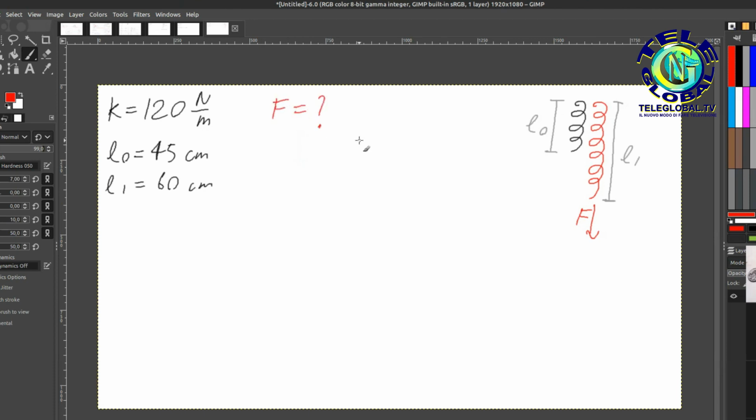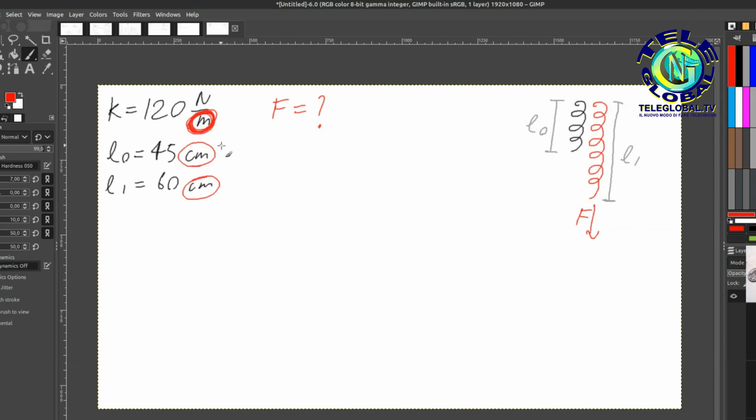Now, before we begin, you have to do something very important, and that is to make sure that your units match. So here you have length measured in centimeters, but your K is still in Newton over meter.